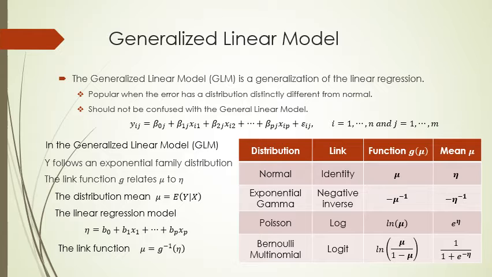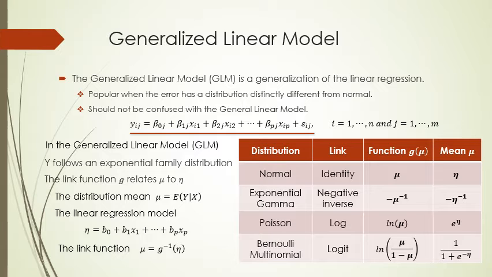The general linear model is simply several multiple linear regression models in one form as this. Here, n is the subject size and m is the number of the dependent variables.